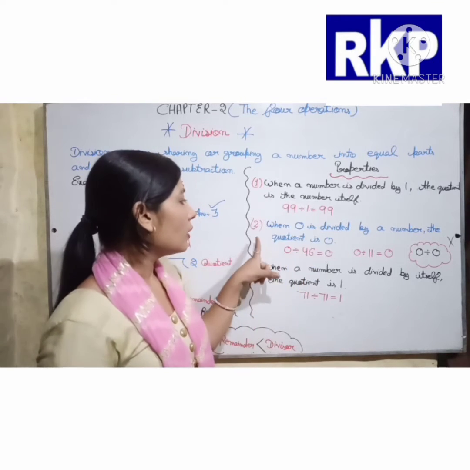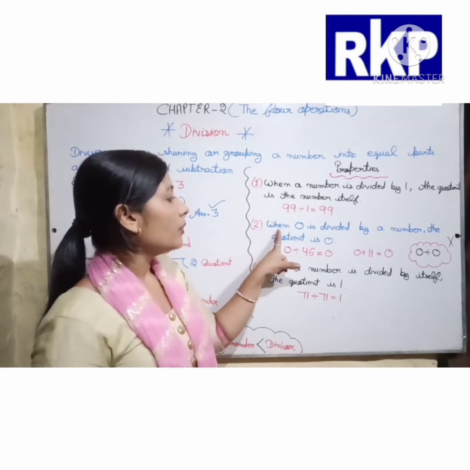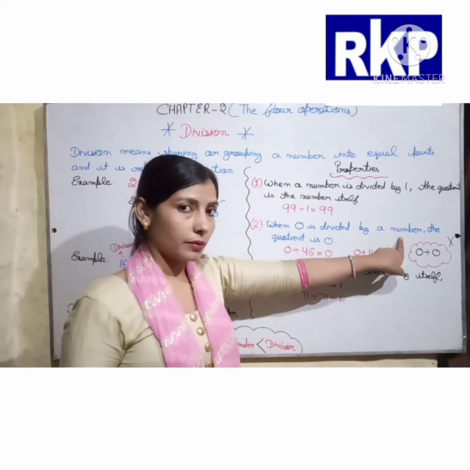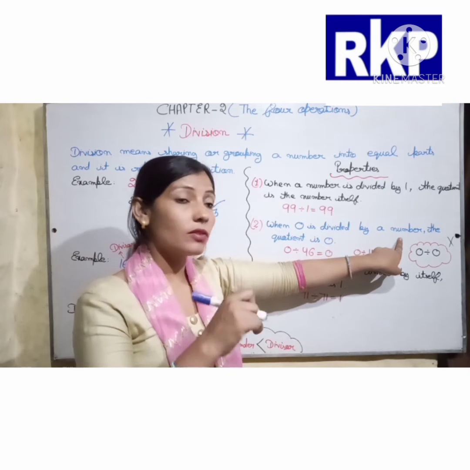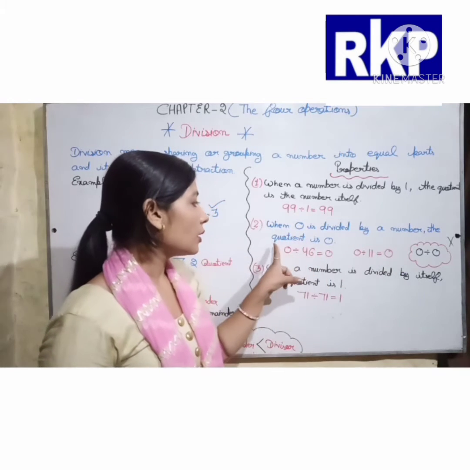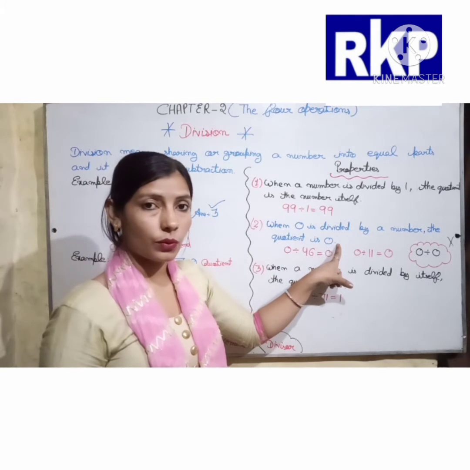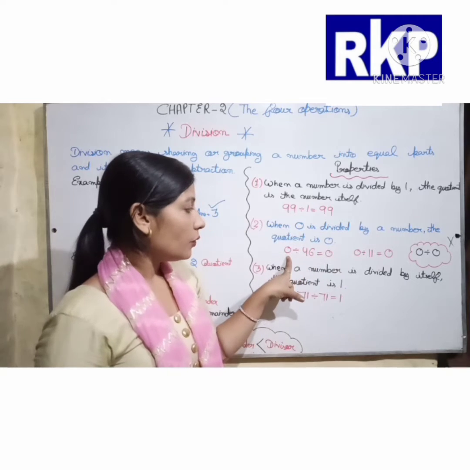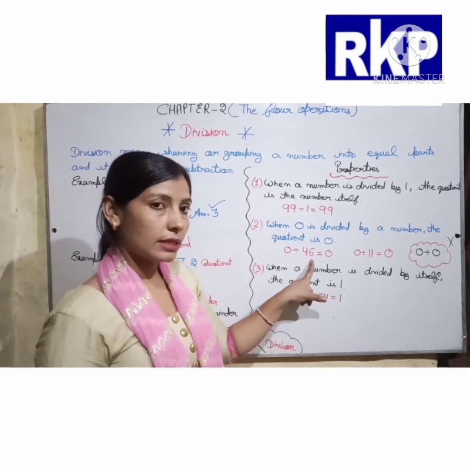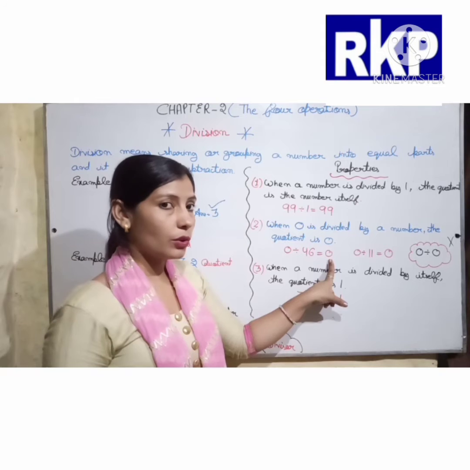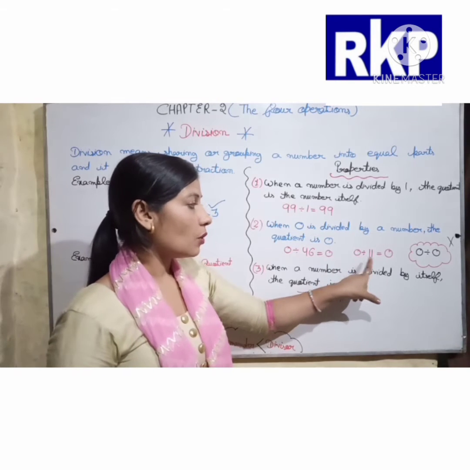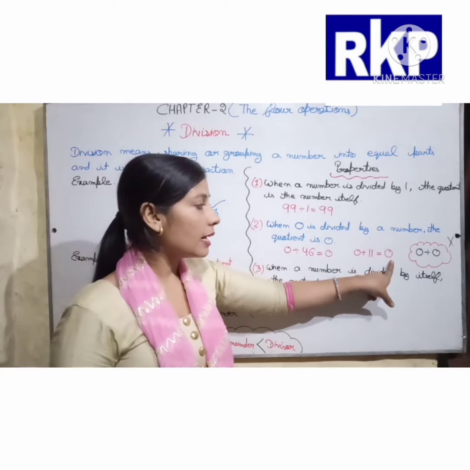Okay. Now let us see the second property. When 0 is divided by a number, the quotient is 0. Okay. If we divide 0 by 46, then we get 0. If we divide 0 by 11, then we get 0.